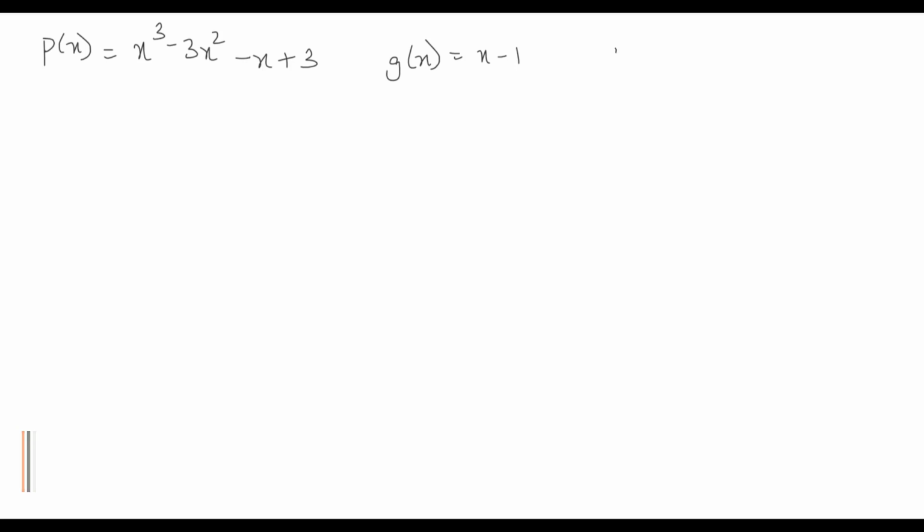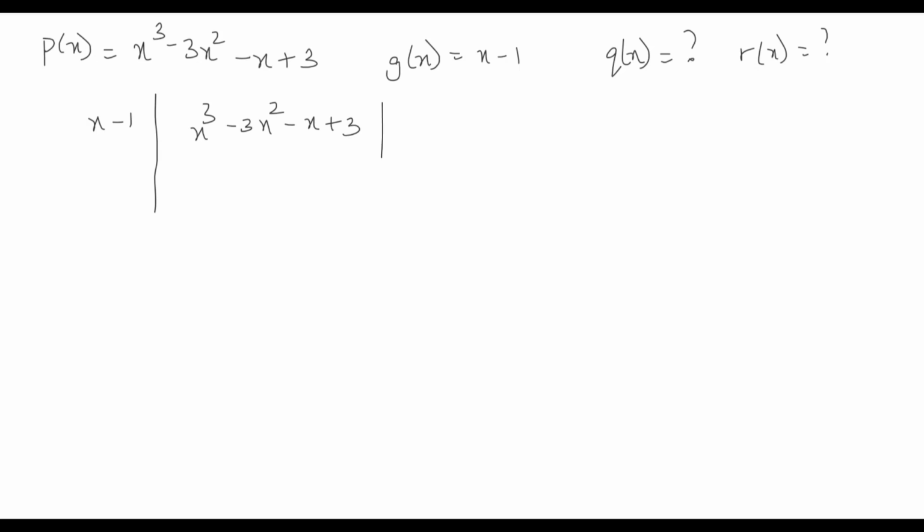We have to find q of x and r of x. Then verify the division algorithm. Okay. So as we have done in our class 9, we have to use the long division method. x cube minus 3x square minus x plus 3.